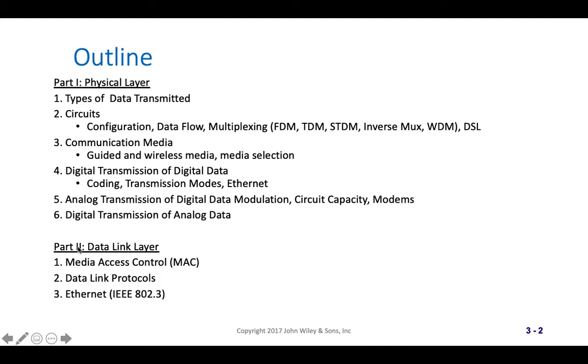We will discuss the type of data transmitted, circuits, analog data, digital transmission, the analog transmission, what is MAC, what is the data link protocol, and we will finalize with the Ethernet standard, which is 802.3.